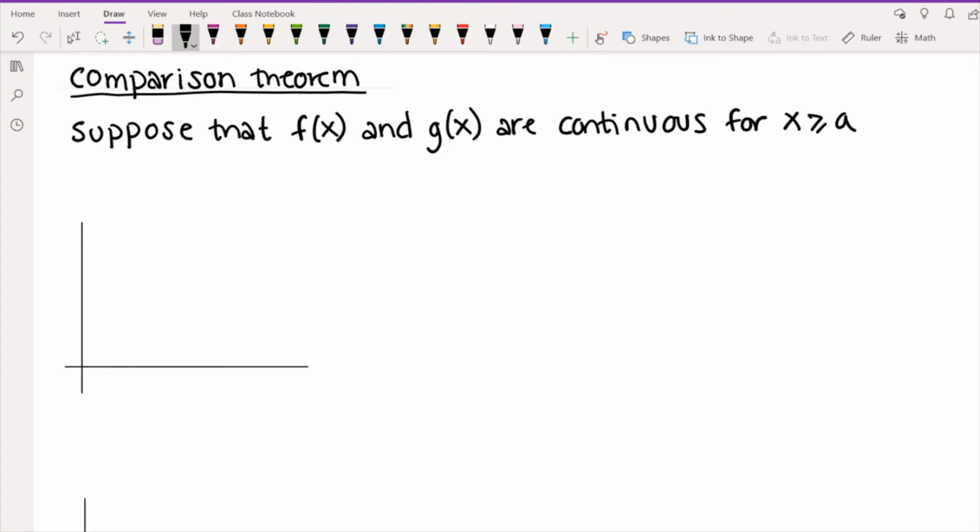It's just a technicality, but basically all the functions we've been working with have been continuous. Maybe they have an issue at a certain part, but they'll be continuous at the parts that we're actually focusing on. The other thing that needs to be true in order for you to use the comparison theorem is that they both have to be positive for at least a certain part of them.